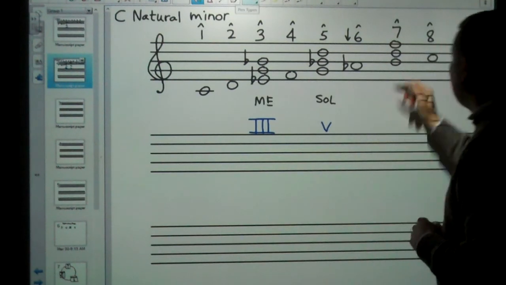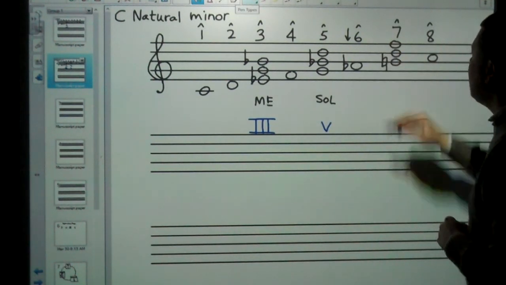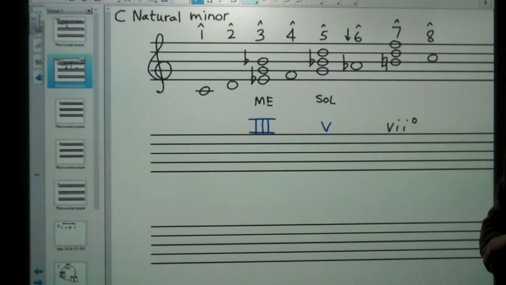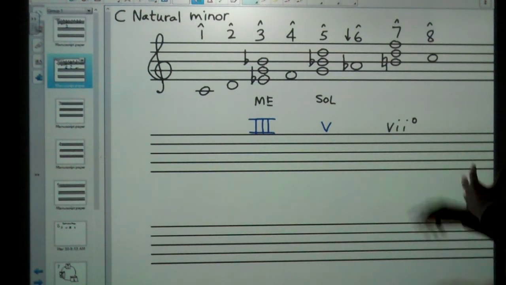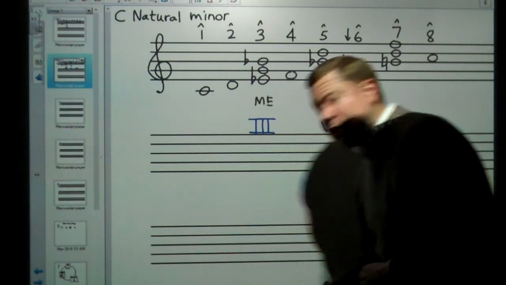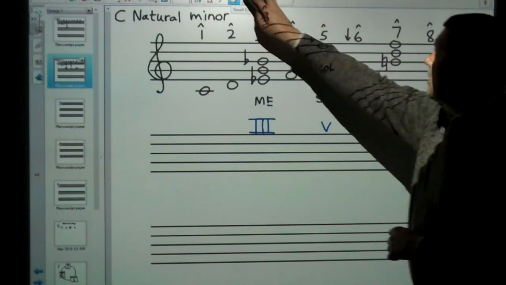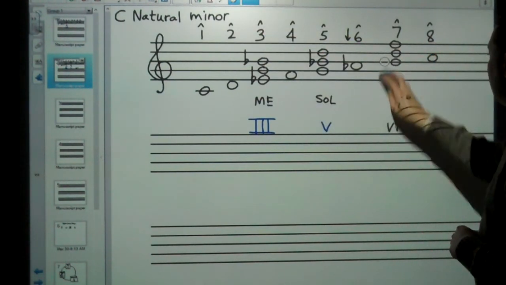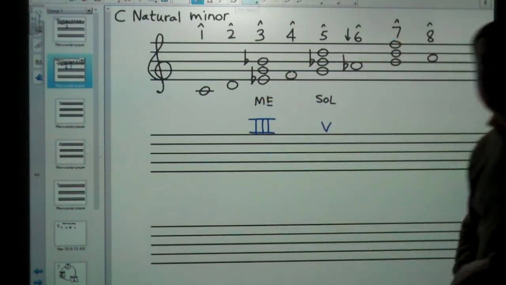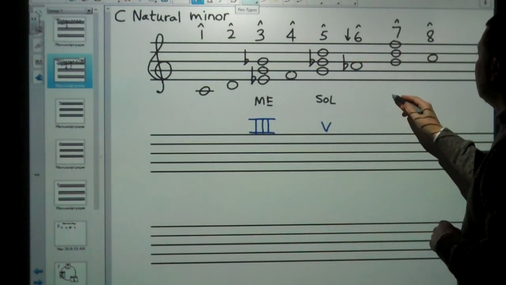for example, if I used the leading tone, B natural, my 7 would be a diminished triad. And we are used to that. Diminished 7s occur normally in both major and minor keys. But because I'm using the lowered 7th scale degree to generate this chord, I am not using the leading tone. I am using what is called the subtonic.